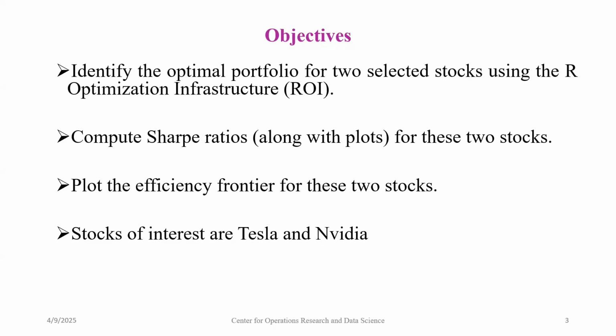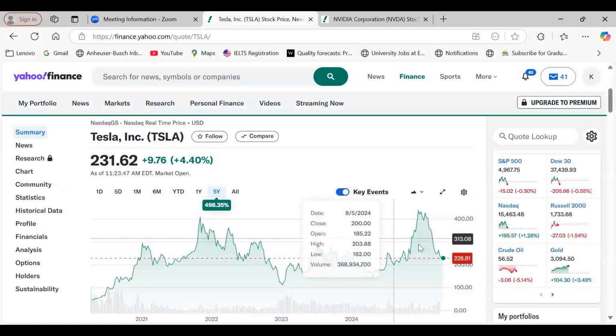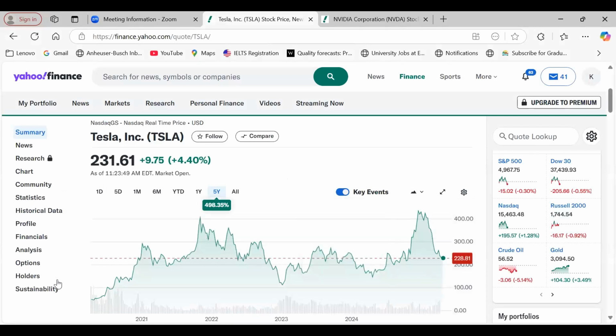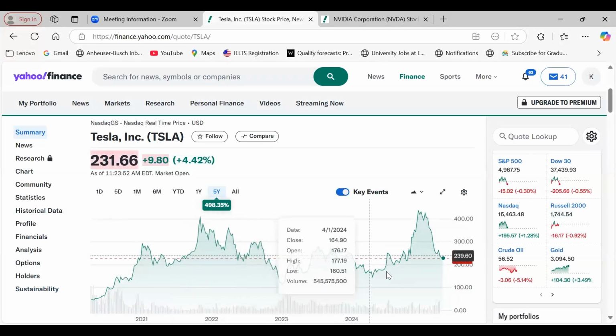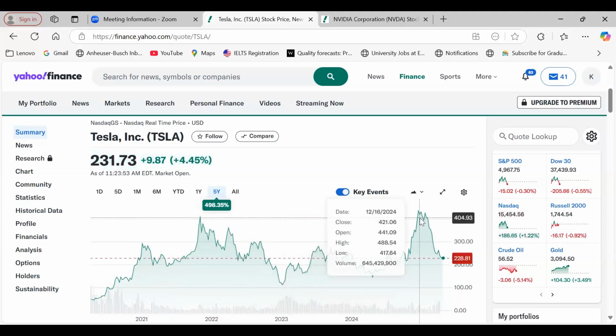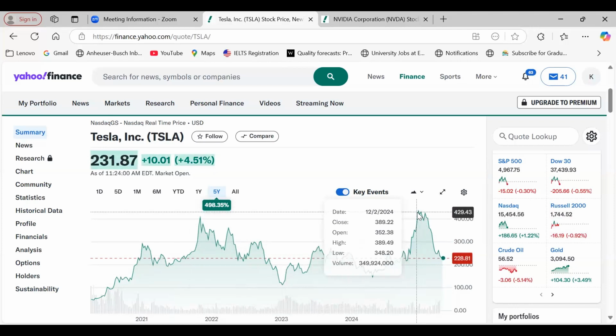As all of you may be aware, Tesla and NVIDIA had been performing well for some time now until recent times when it began to decline. So I'll just show you here. And you see, this is for Tesla stocks. It had been rising recently from December.